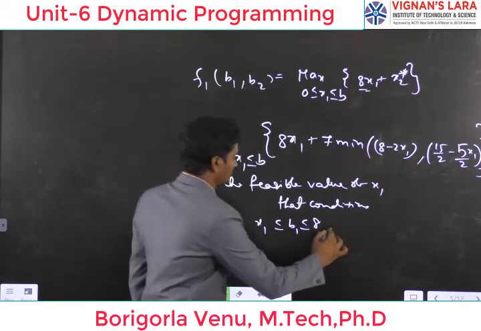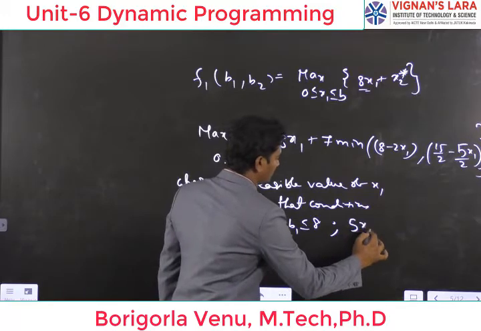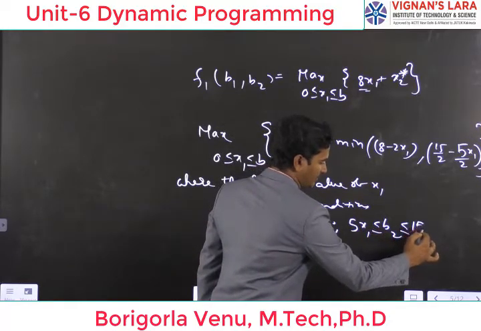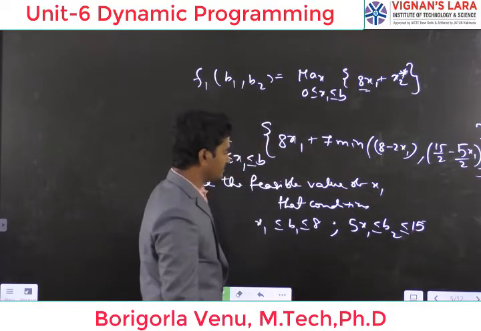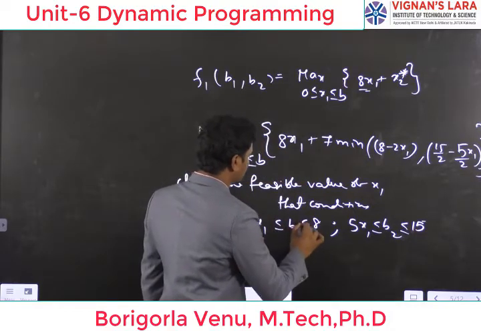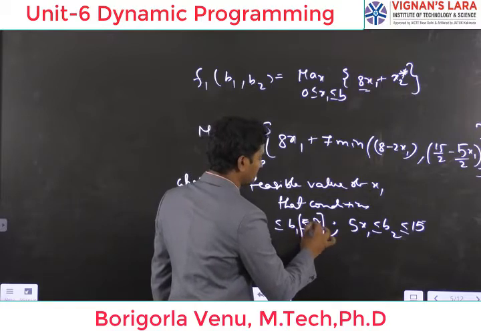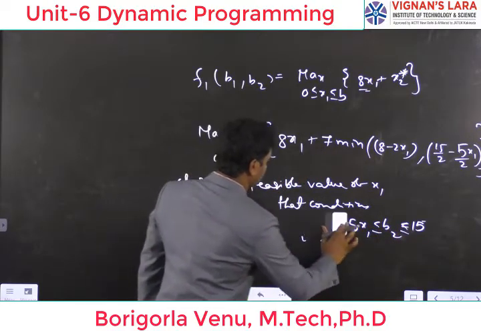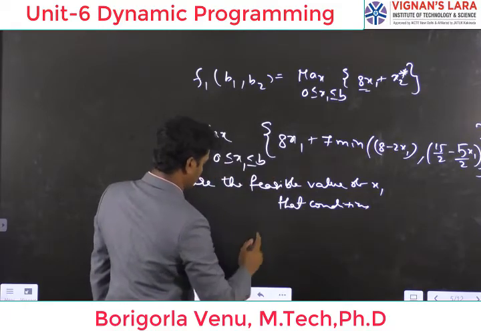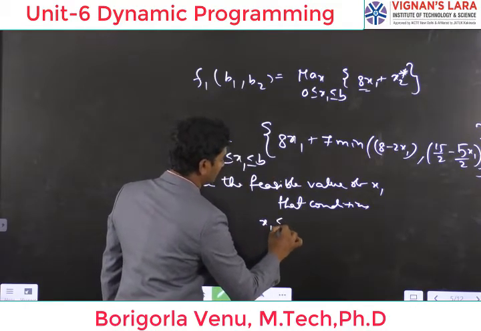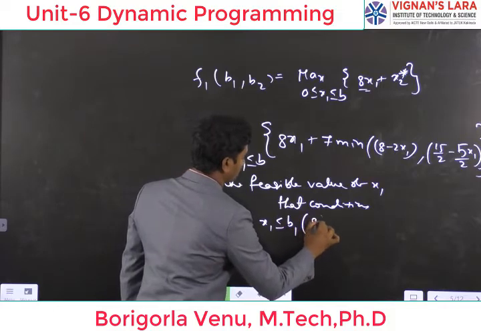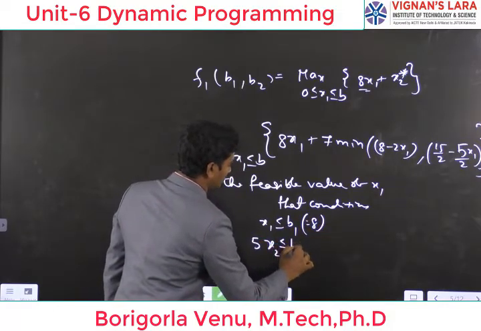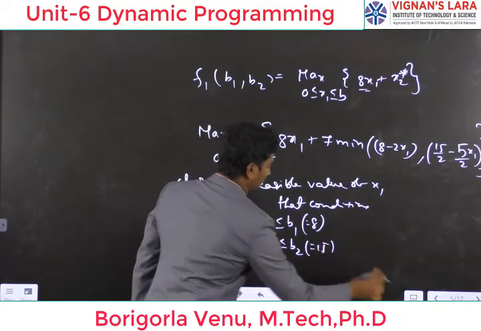Coming to the second stage, 5x1 less than or equal to b2, less than or equal to 15. So x1 less than or equal to b1, that is b1 equal to 8, and 5x2 less than or equal to b2, that is 15.